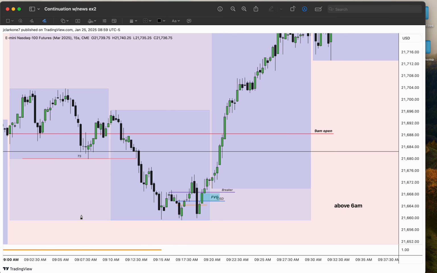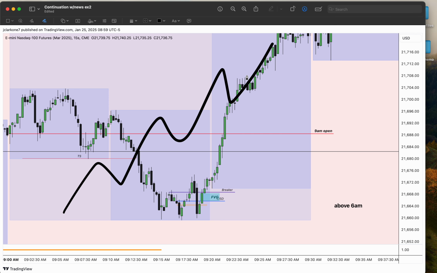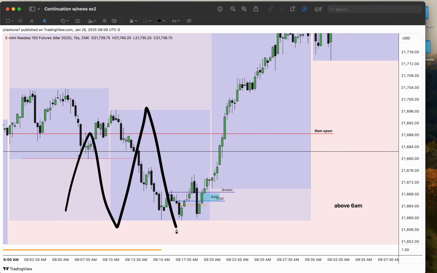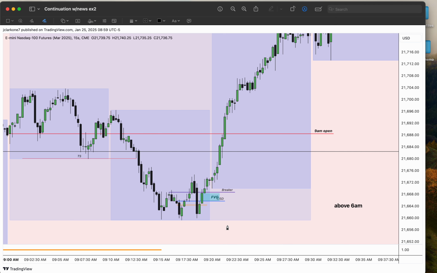But the best trending environments just trend like that. They don't really come back down, take a low, come up, come back down, take a low, come up. They'll just go. It's way less likely to happen in my mind than a day where you get a couple of nice reversals. But you do have those days where you just go, go, go, and it's a slow grind all the way to the high or all the way to the low.